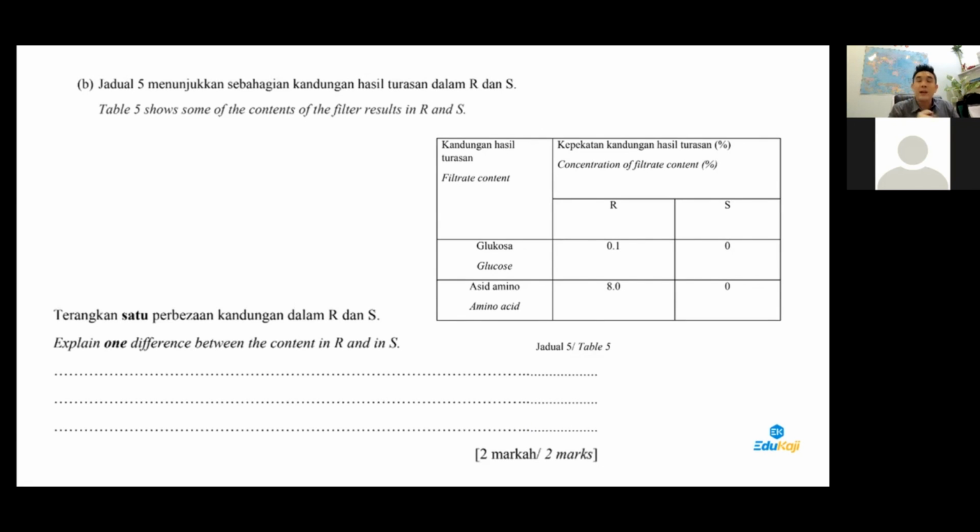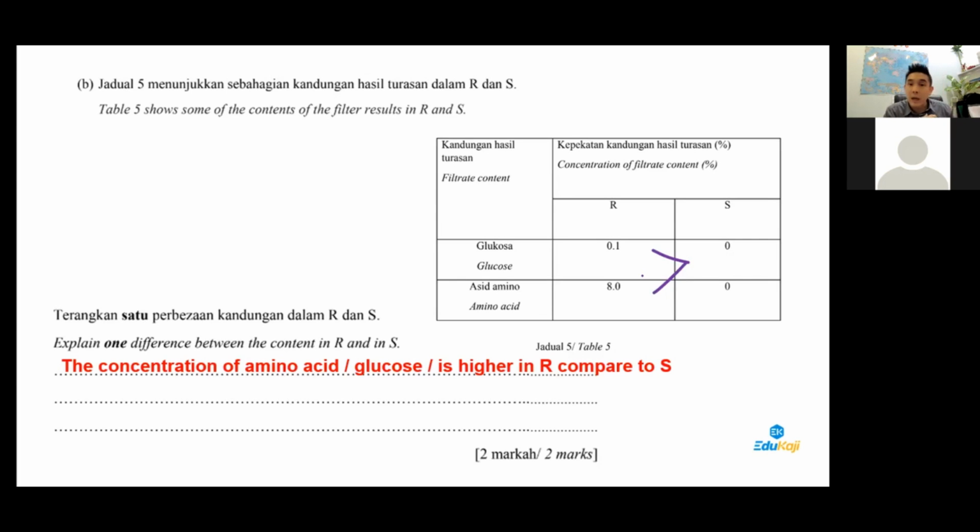what should your first answer be? This type of question, what should your first answer be, guys? You should state that R has more amino acid and glucose compared to S. Wow, sir, like this can get free marks.